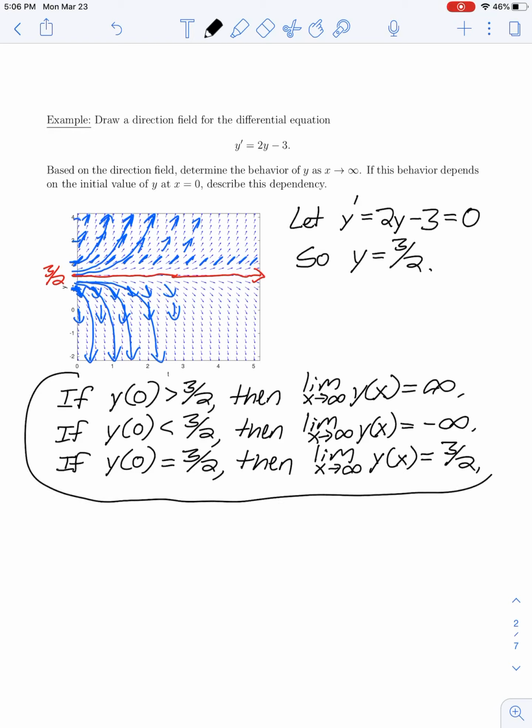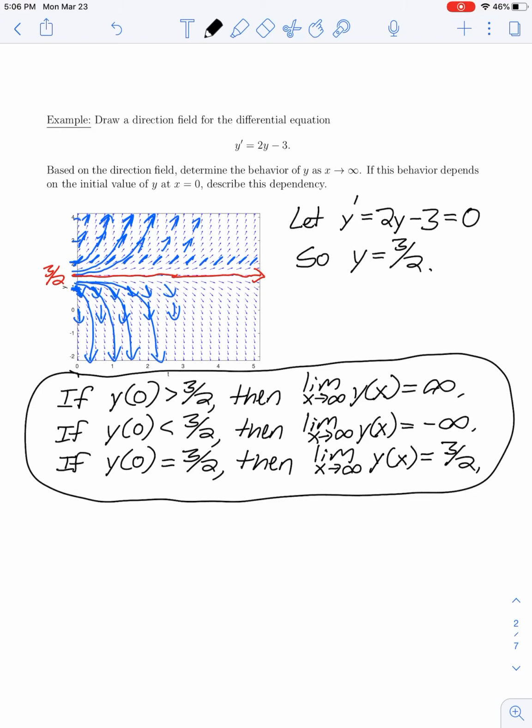So in this example, we're kind of giving a guideline for how to sketch these direction fields. Typically, we want to start by looking for equilibrium solutions and then moving outward from those equilibrium solutions, we can sketch a few solution curves and start to determine our limiting behavior based off of this direction field.